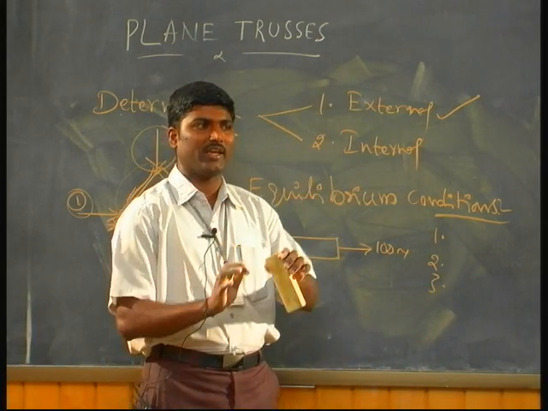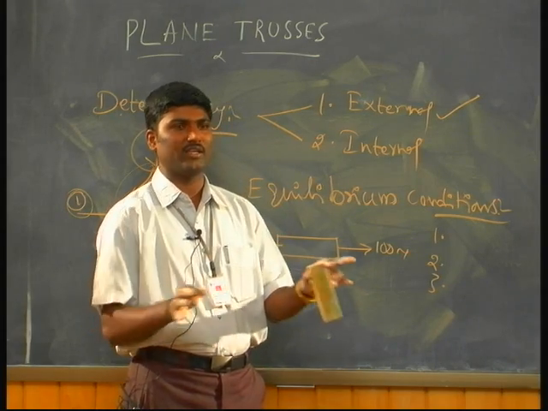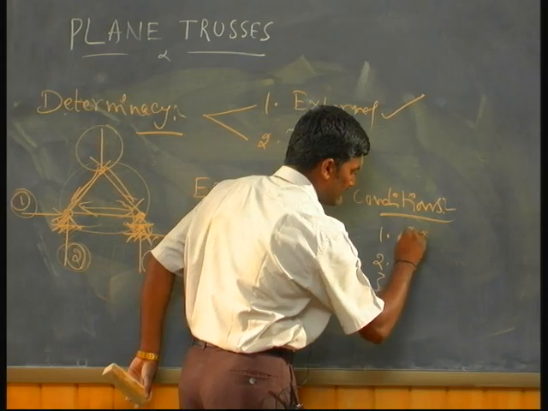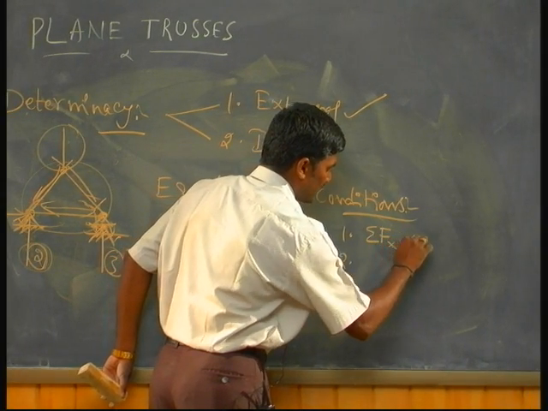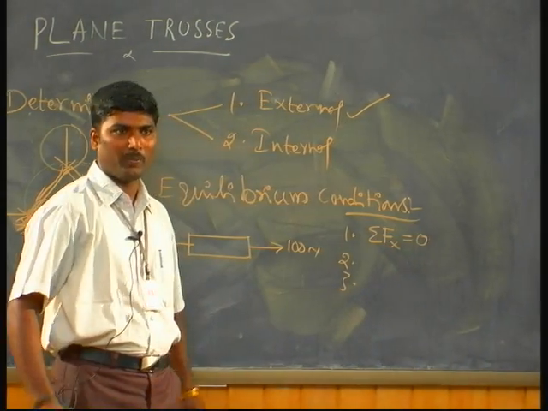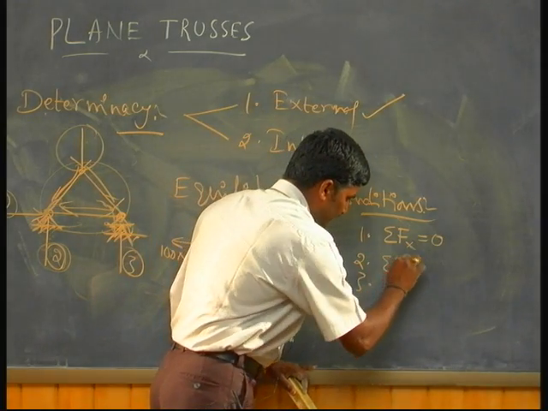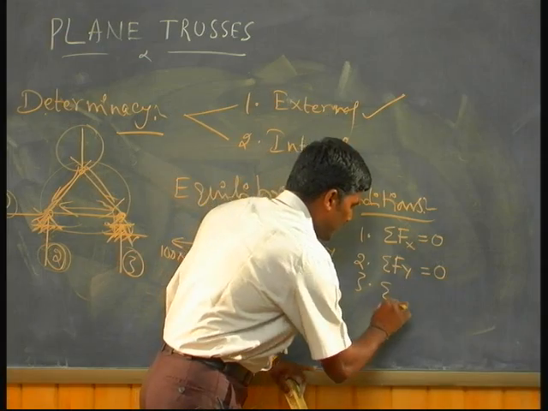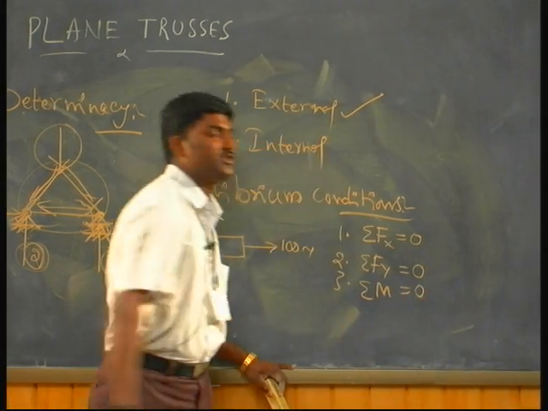We provide 3 conditions which are most general for the structures in daily life. The first one is sum of forces in x direction must be 0, sum of forces in y direction must be 0, sum of moments must be 0.